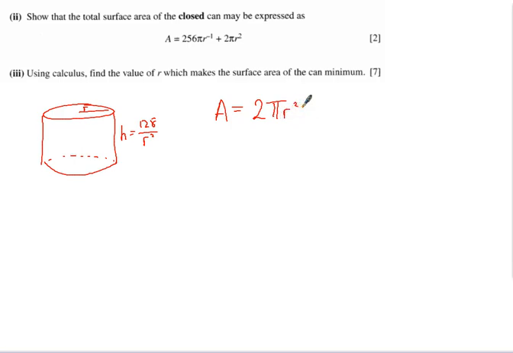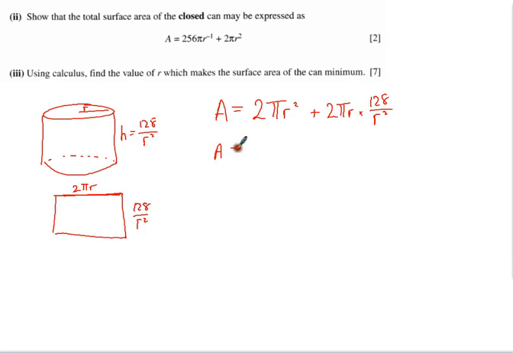But we also have this curved surface area, which, when you open it out, is rectangular. The height of the rectangle is going to be 128 over r squared, but the length of the rectangle is actually the circumference of the cylinder, which is 2 pi r. And so we've got plus 2 pi r times 128 over r squared.